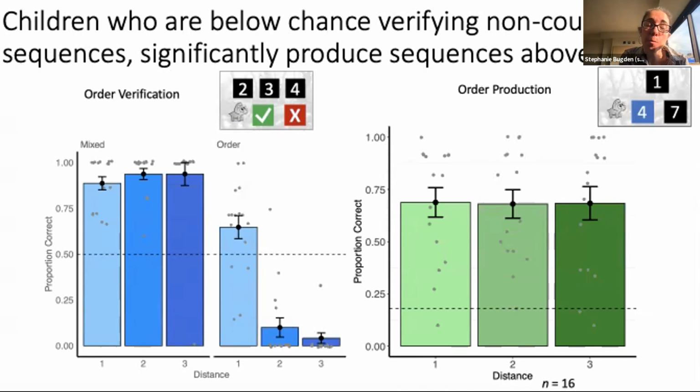However, they are able to produce those sequences in the correct ascending order, and that's on the right-hand side. You can see that the performance is much higher on the production task, despite the fact that in the verification, they're indicating that those numbers are not in the right order. And second, does performance on the task, specifically the non-count list items, account for unique variance in math performance?